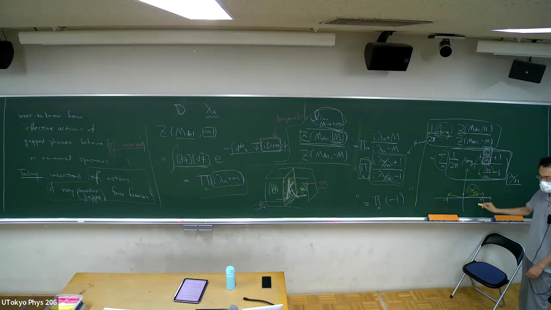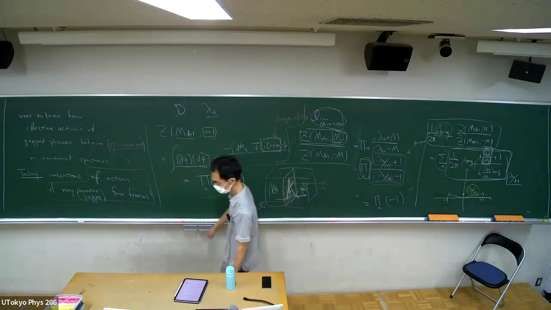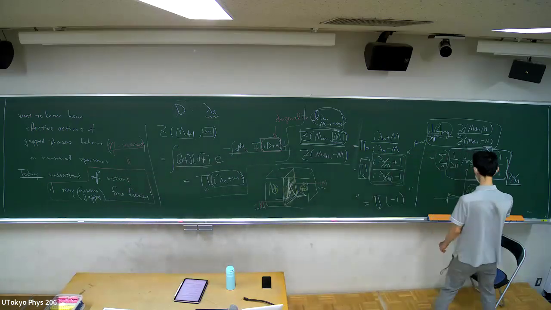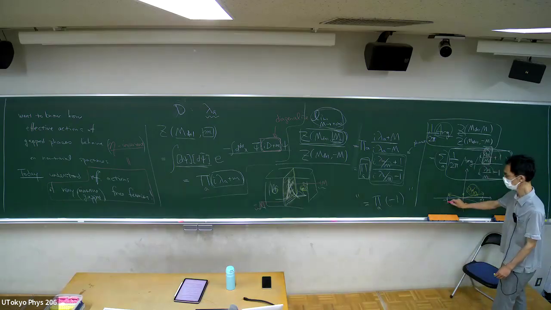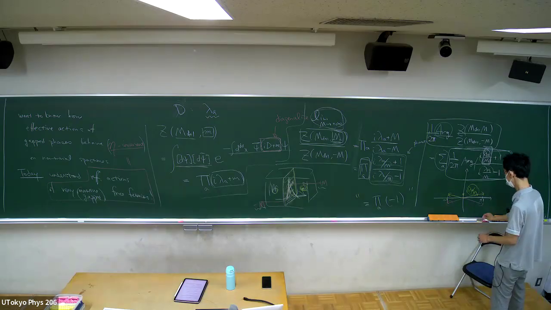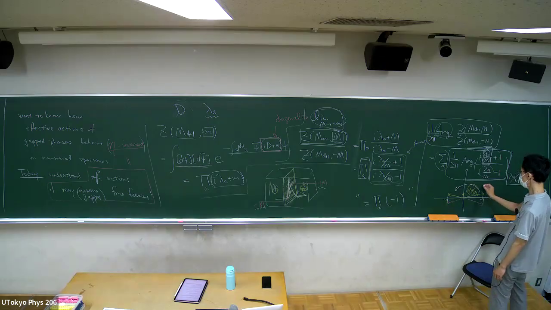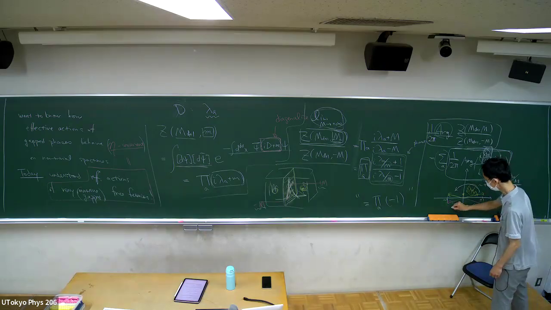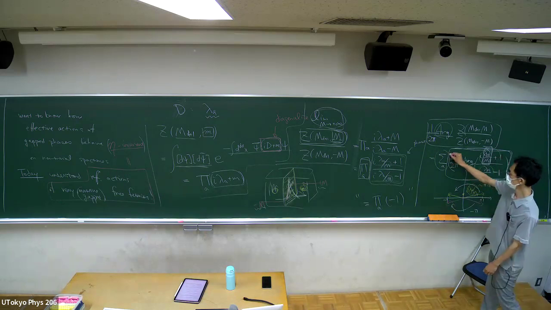When lambda a is positive. When lambda a is negative, you are dividing this one with the other one. So in one case, it's very close to plus pi. And in the other case, it's very close to minus pi. And you are dividing by 2 pi.